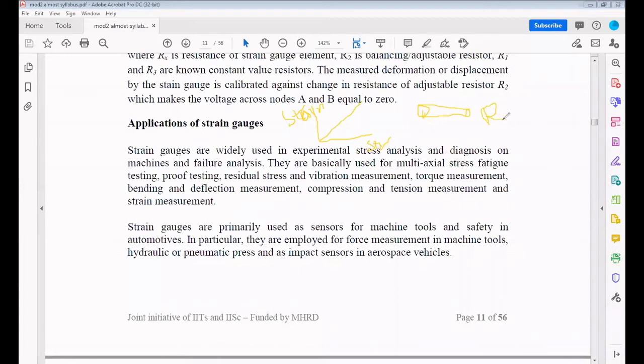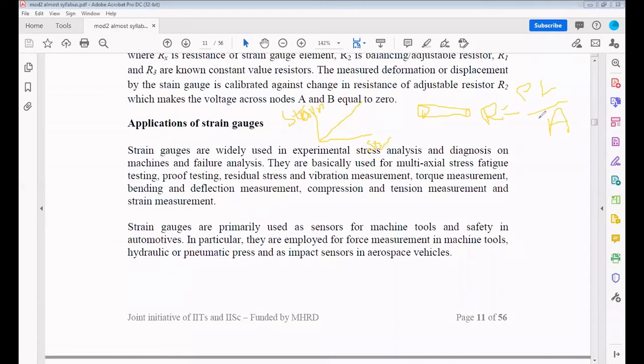So resistance R is equal to rho L by A. This is our actual formula.